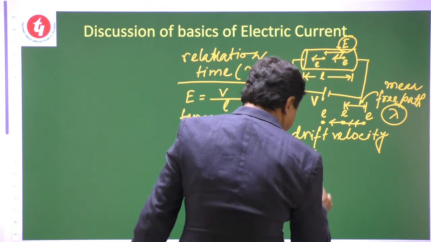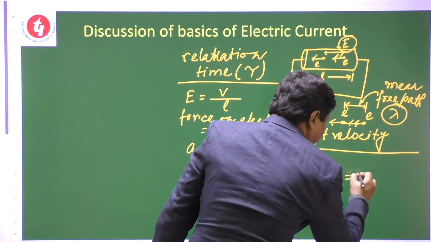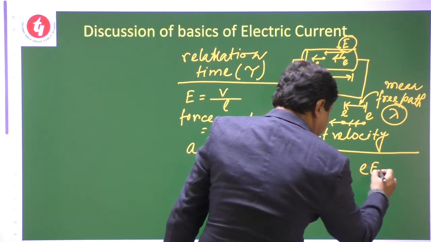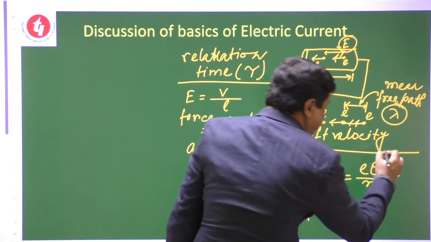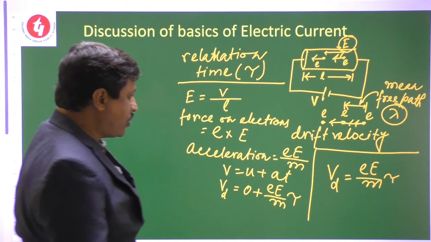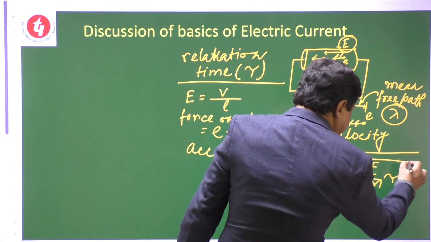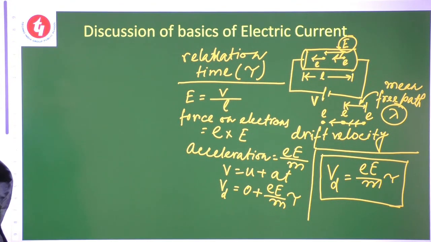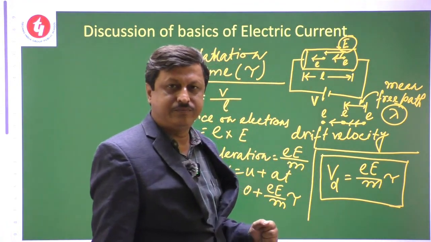So drift velocity will be eE tau by m. Very important formula. Then, basically, which factors does drift velocity depend on?